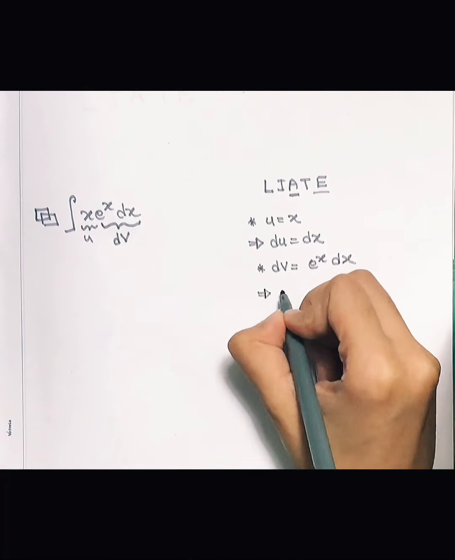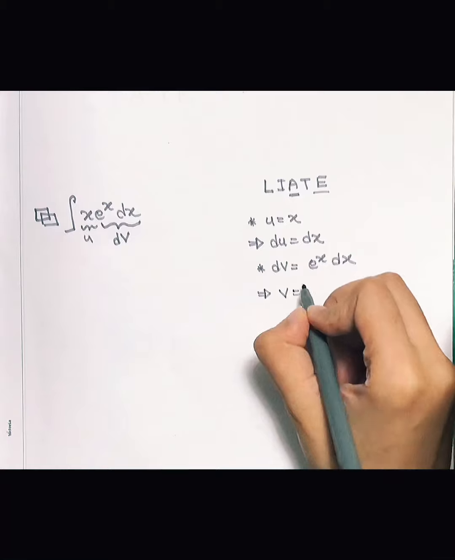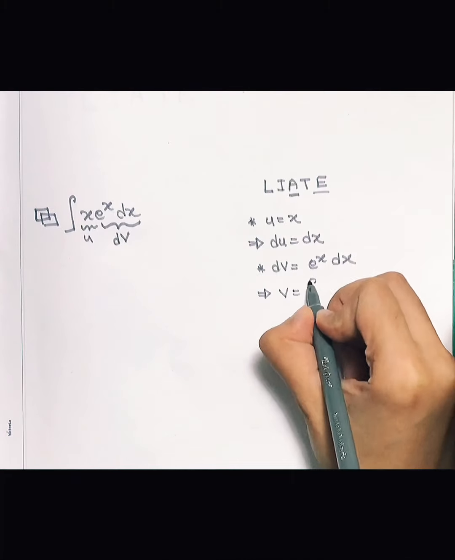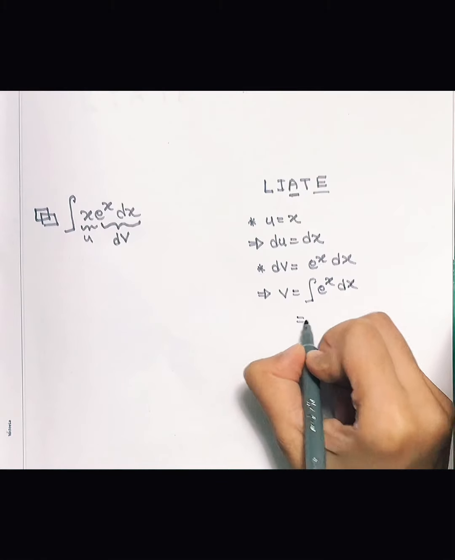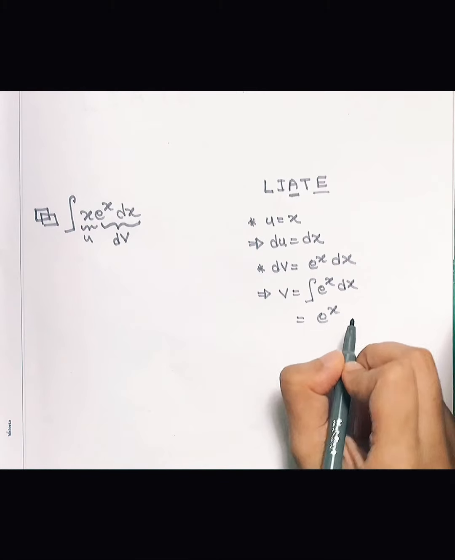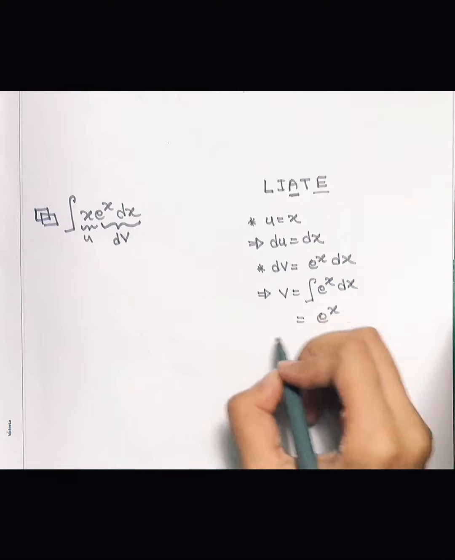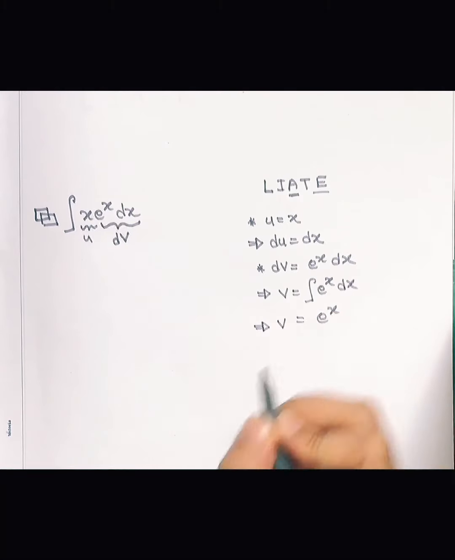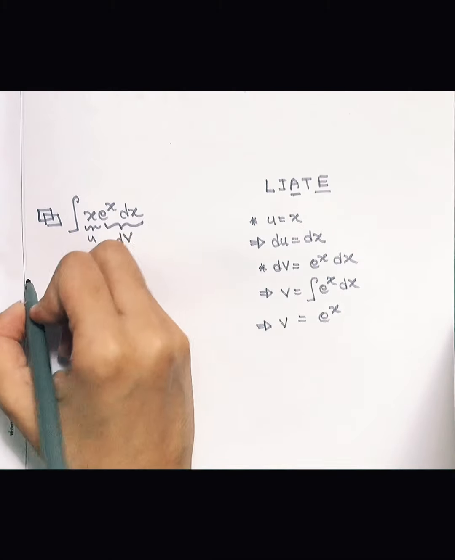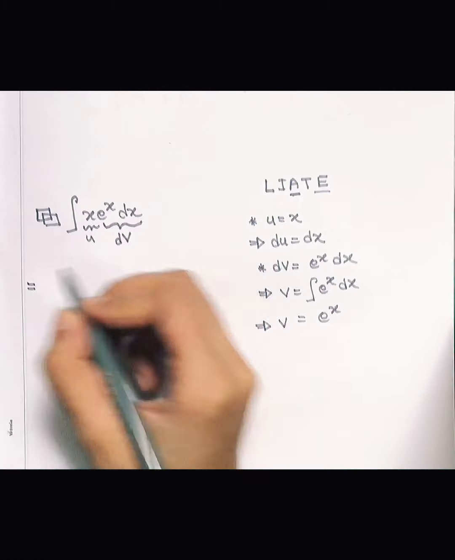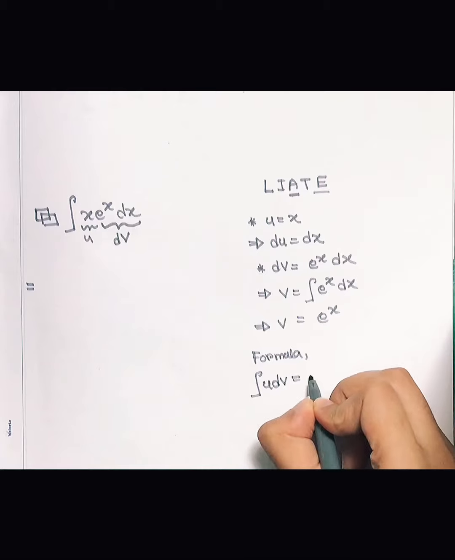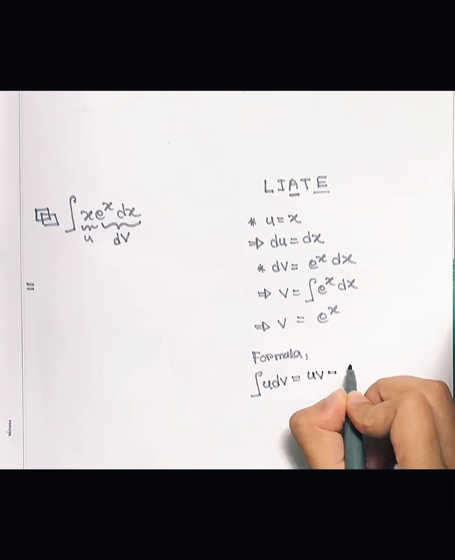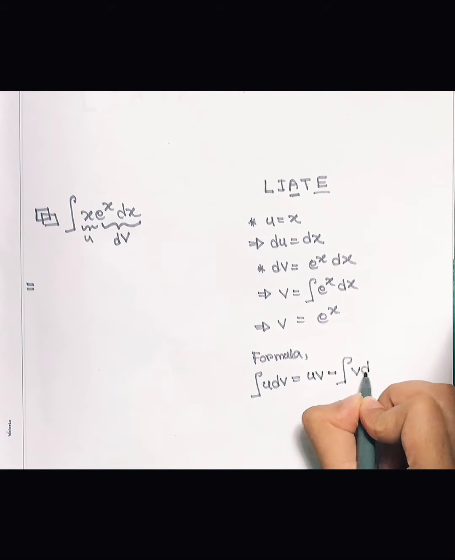So my v will be the integration of e to the power x dx, which gives us e to the power x, right? So my v is e to the power x. Now according to my formula, integration of u dv is equal to uv minus integration of v du.